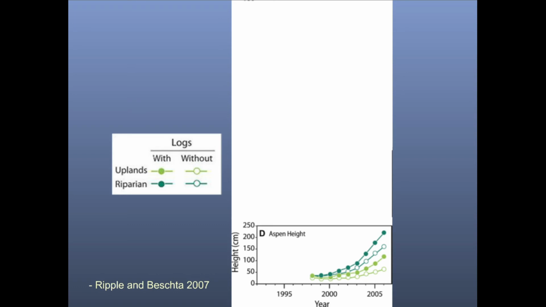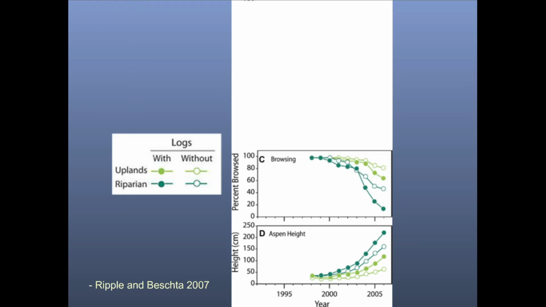Some of those riparian aspen areas had logs, some of them didn't. And for the sake of brevity, we'll just focus on this line of riparian aspen with logs. We see that they've had the greatest response, or greatest increase in height, through time. And just like the other studies, we see that they've had the greatest drop-off in browsing as well.